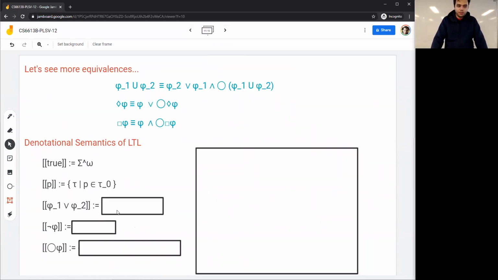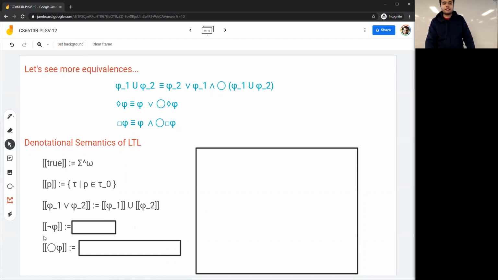So what if we have OR? So phi1 or phi2. This is just like propositional logic. There's no difference. So a trace satisfies phi1 or phi2 if it satisfies phi1 or it satisfies phi2, right? So you just take the union. And the notation is a bit confusing. This is not until, this is union.